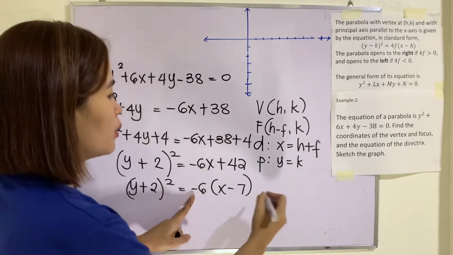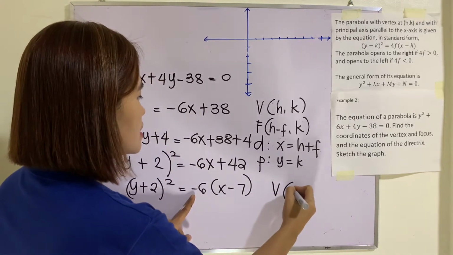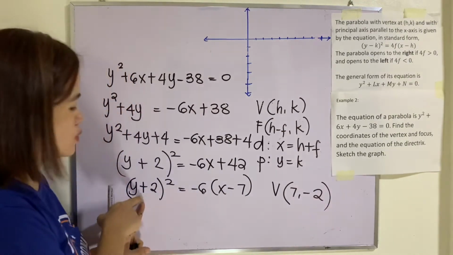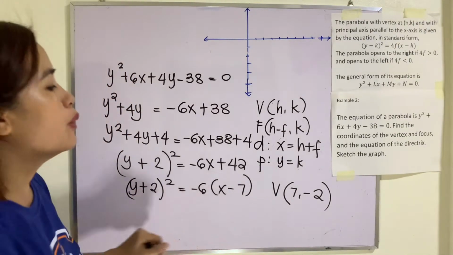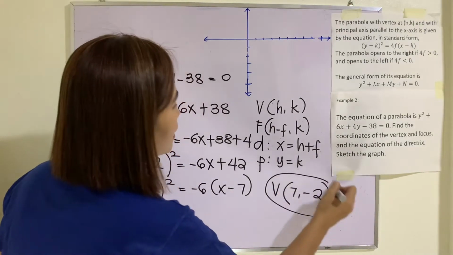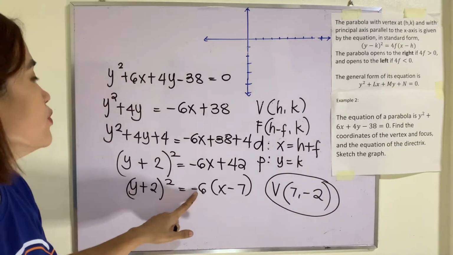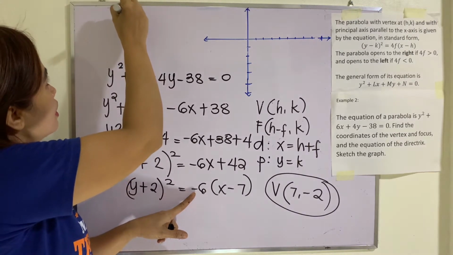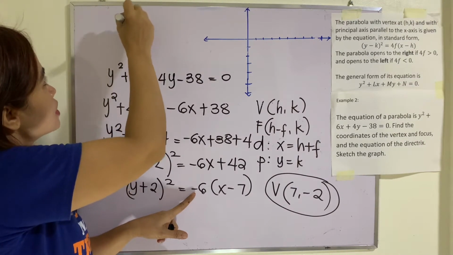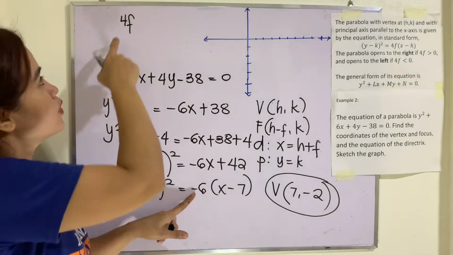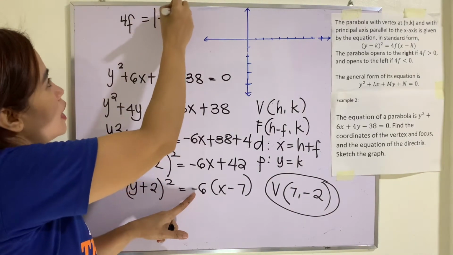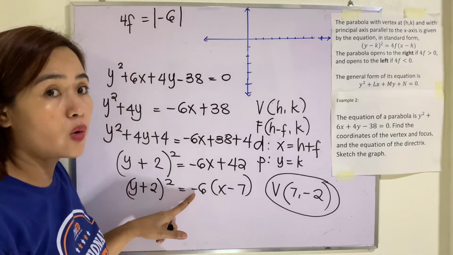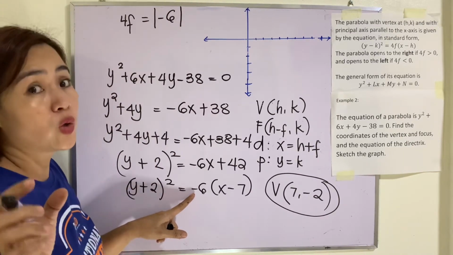Therefore, our parabola will open to the left. So, our vertex is 7 and this one is negative 2, since this one is plus 2. So, our vertex is (7, negative 2). Our focus, the focal distance rather, is 4f equal to the absolute value of negative 6, because we know that, of course, the distance is always positive.